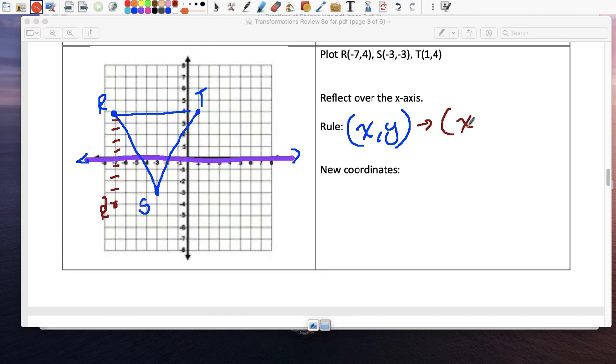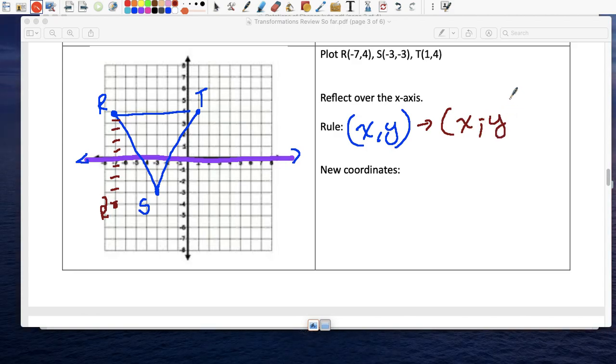They're both still negative 7, but one was 4 up and the other one is 4 down. So the x stays the same, but the y coordinate, you negate it. So point R prime is still negative 7, but with negative 4. So all you've got to do is negate the second number. S is still going to be negative 3, but the second number, 3, changes to negative 3.